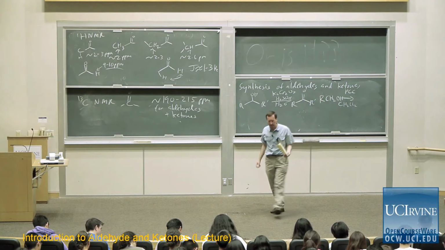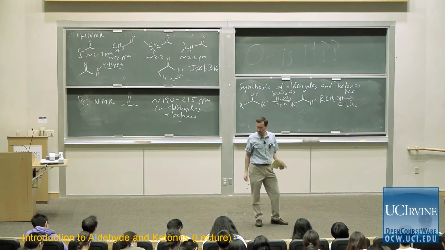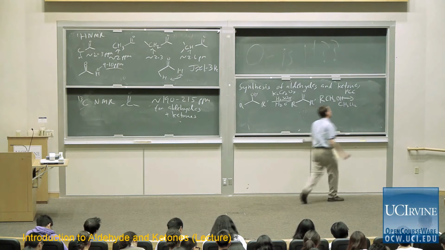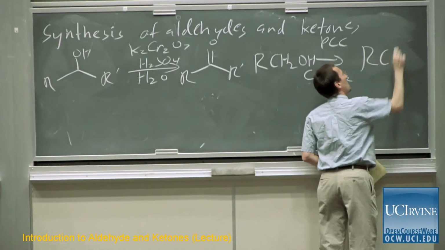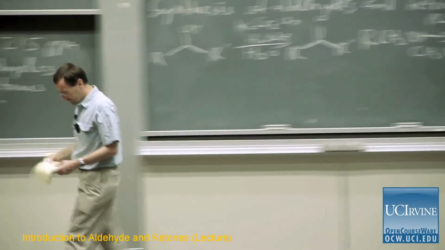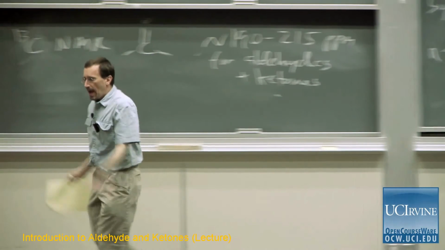You need an anhydrous solvent for this reaction. Methylene chloride does a nice job for this. Then you can selectively oxidize a primary alcohol to an aldehyde.